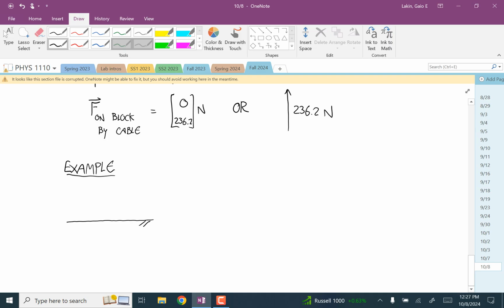So this time, let's say that there's a rolling cart on a horizontal surface. And this cart has a mass of 10 kilograms.